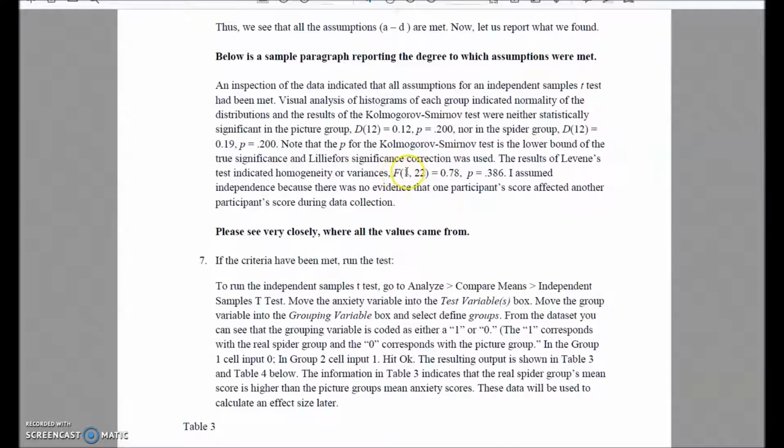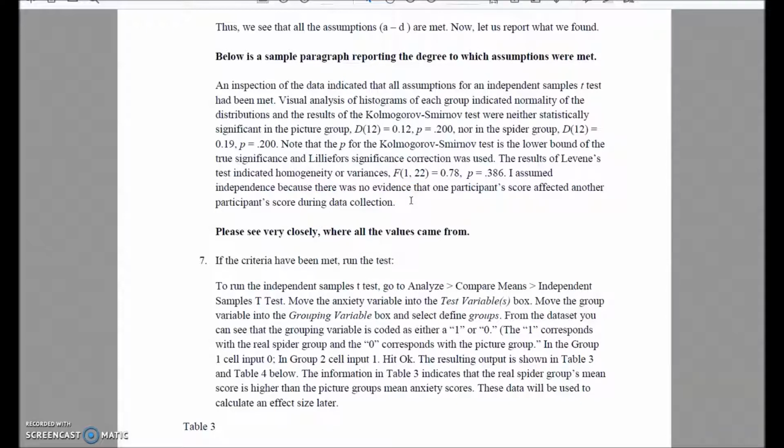In this case, I have 2 degrees of freedom. Look at this: F is italicized, df is italicized. I assume independence because there was no evidence that one participant's score affected another participant's score during data collection.